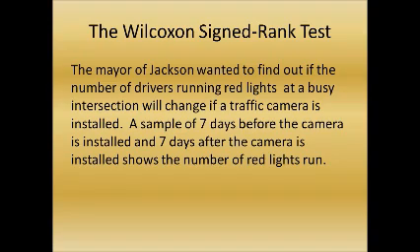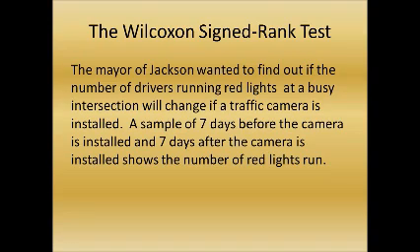The last test is the Wilcoxon signed rank test. In this example, the mayor of Jackson wants to find out if the number of drivers running red lights at a busy intersection will change if a traffic camera is installed.